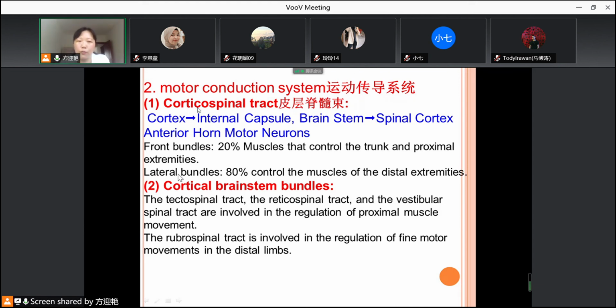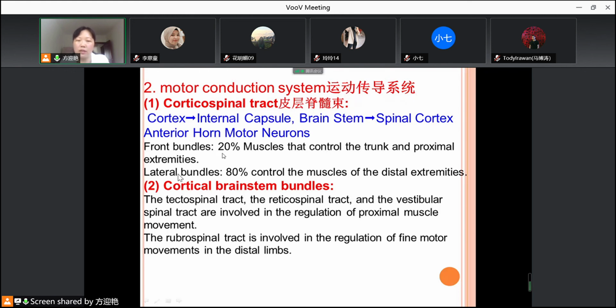First, the corticospinal tract, which in Chinese is 皮层脊髓束.